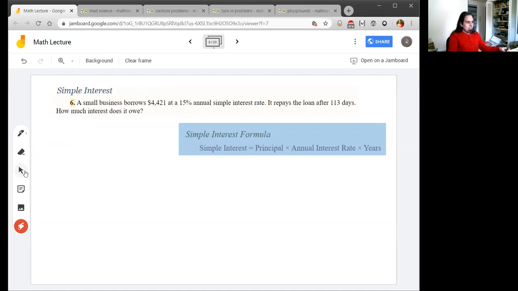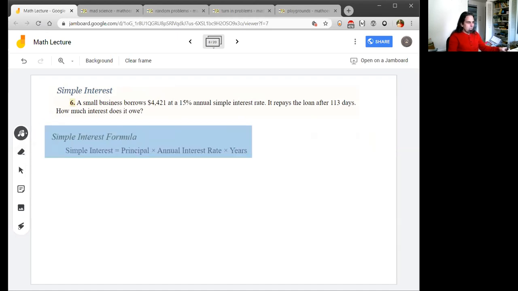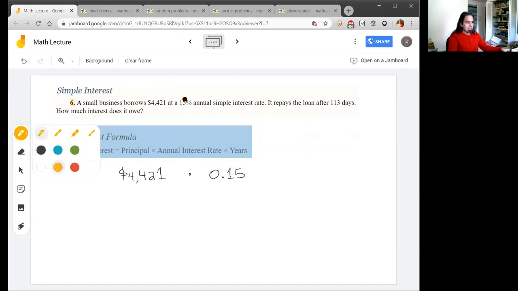The formula, if I wait over here, says that for our simple interest, we're going to take the principal and the interest rate for 1 year, and then we're going to multiply it by how many years this goes on.